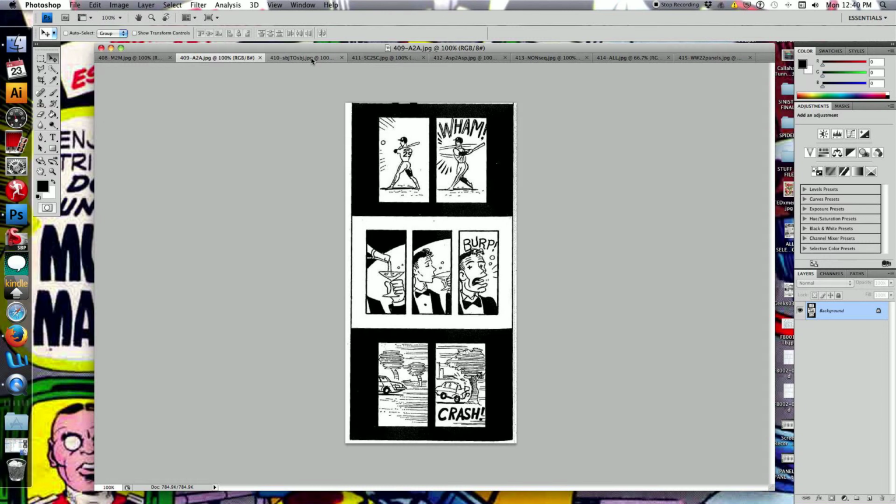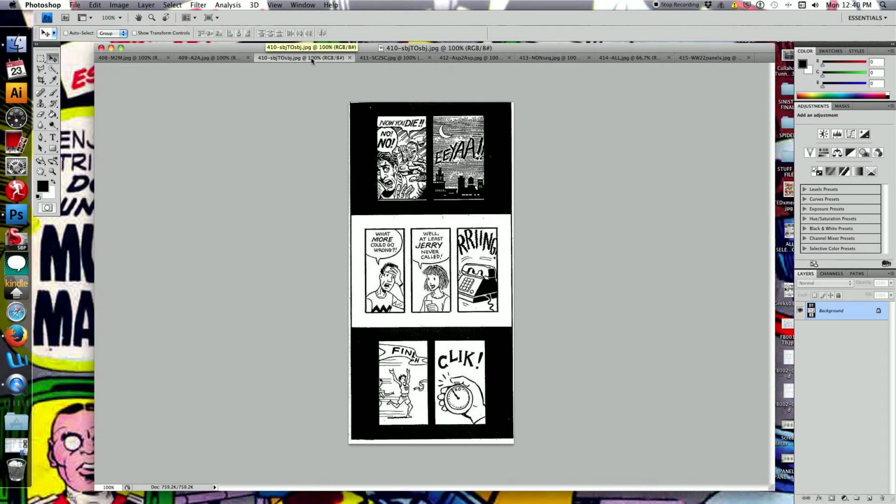Okay. We also have subject to subject. Now, subject to subject is a nice one because it means that the two pictures, or in this case, two or more, there's the one with 3 panels, the two panels relate to each other. The first example: now you die, person screaming no, no, and the scream over the dark and ominous city.